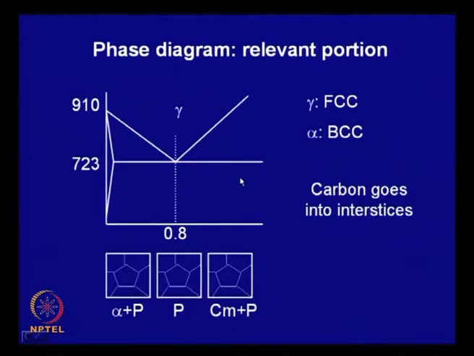Because most of the time, say you have a steel, say suppose you have a 0.8% carbon steel. Let us first consider the process of heat treatment with reference to this particular steel. This steel is called eutectoid steel, and when you heat it to the austenitic region, what happens?